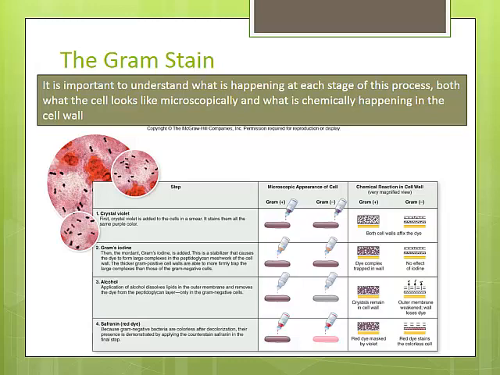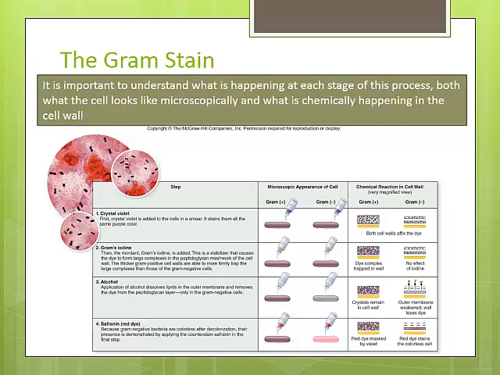Now, when the Gram's iodine is added, this is what we call the mordant, and it basically complexes with those crystal violet molecules and makes them really large, to where they cannot escape from the cell wall. And so that dye complexes in the cell wall and it keeps that crystal violet there. It's only from the iodine complexing with the crystal violet that makes it large enough to get trapped inside there.